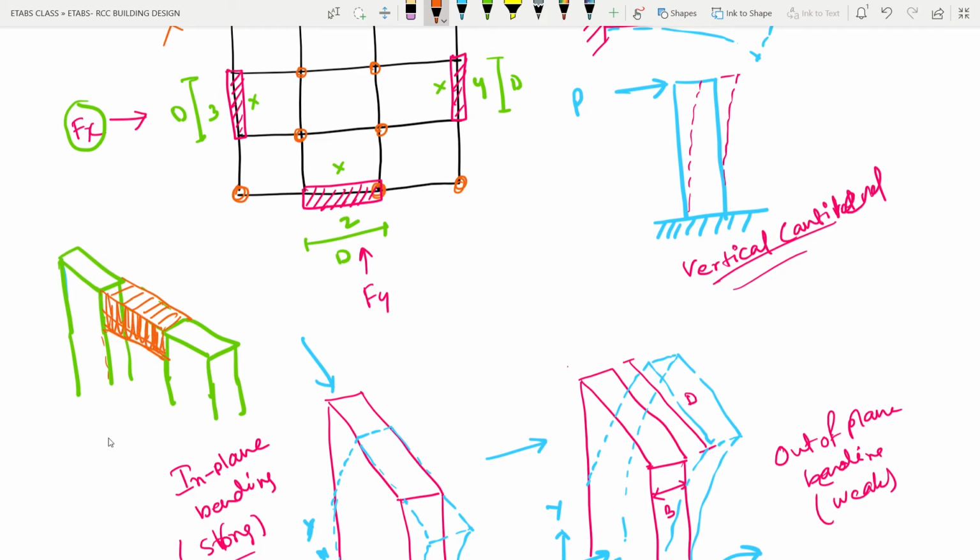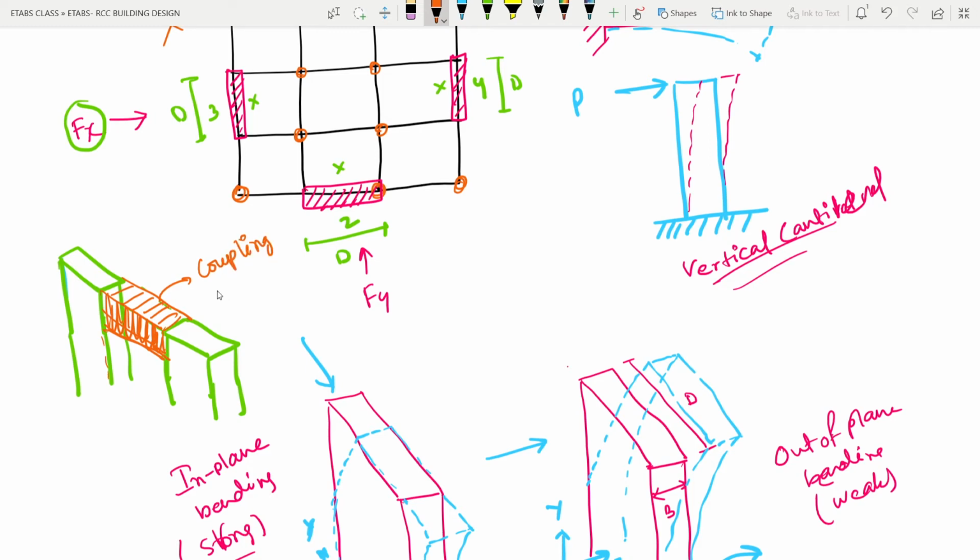This is the beam. It will give you almost the same resistance as a single shear wall would give you. But again, this beam is very hard to construct. This beam is actually called a coupling beam.